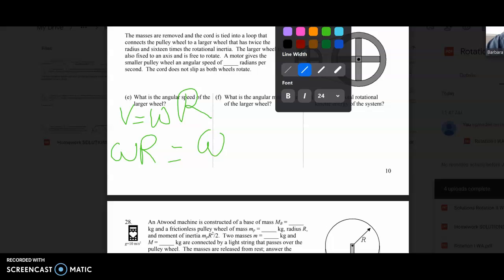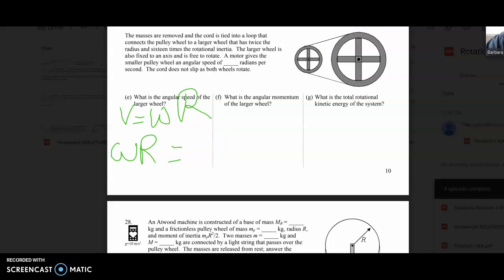Omega for the, hold on, I'm going to back this up for a second. Okay, so omega for the left wheel times R. The larger wheel is fixed, motor, pulley, and so on. Linear speed is the same.